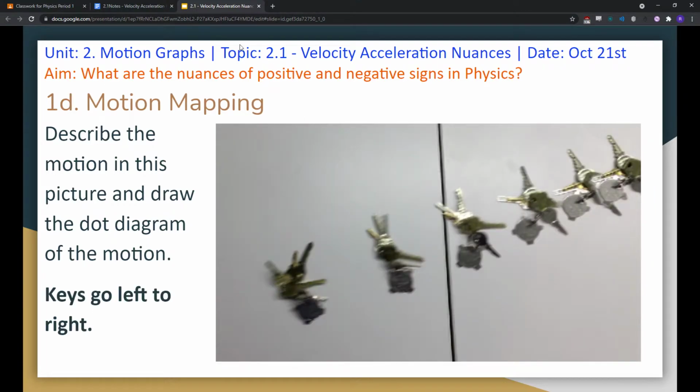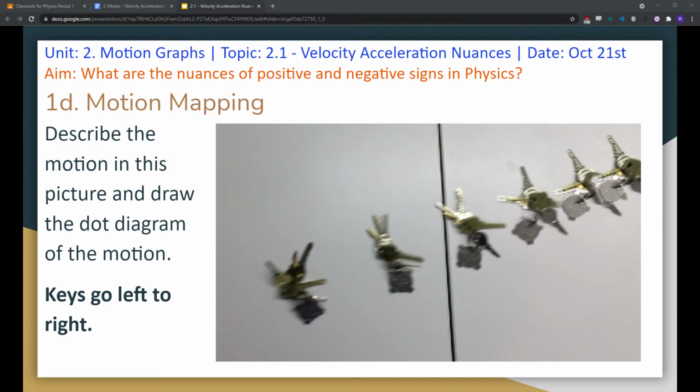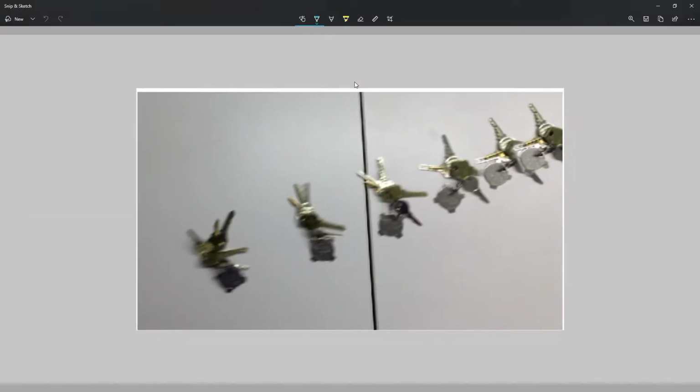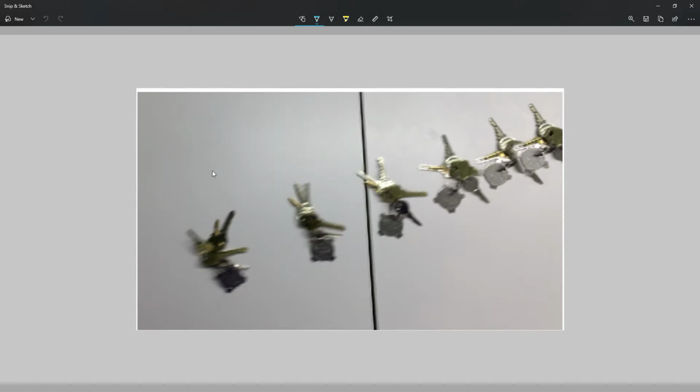And if we go to 1D, let me take a picture of it. So 1D shows you a picture of keys going from left to right. Someone's sliding them on the table.